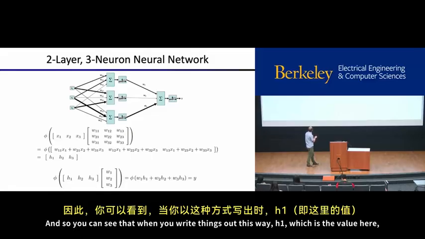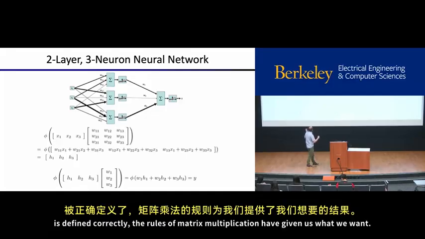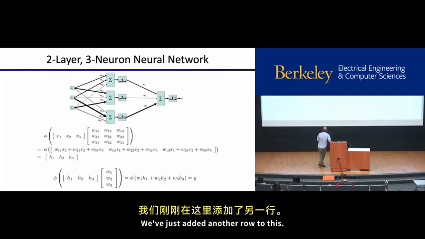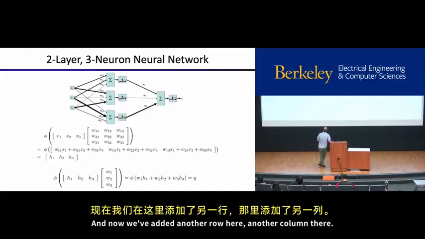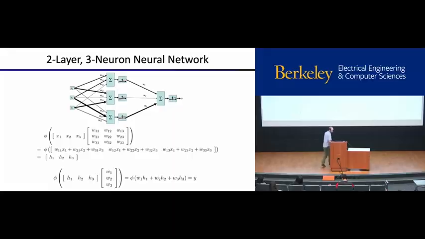And so you can see that when you write things out this way, h1, which is the value here, is defined correctly. The rules of matrix multiplication have given us what we want. We've just added another row to this, and now we've added another row here, another column there.